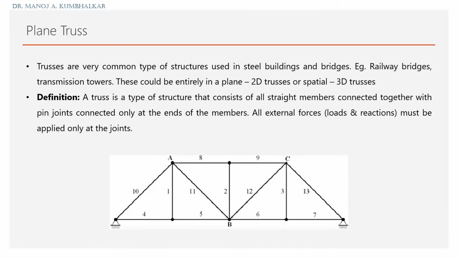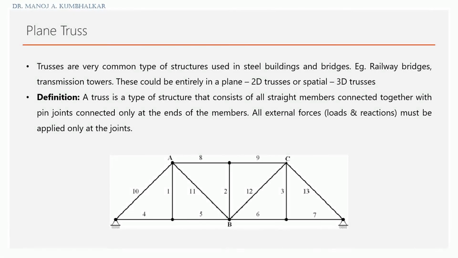So if you see the definition of a plane truss, a truss is a type of structure that consists of all straight members connected together with pin joints, connected only at the ends of the members. In the given figure, you can see that all these truss members are straight members.